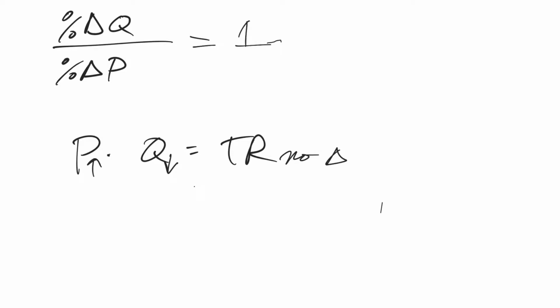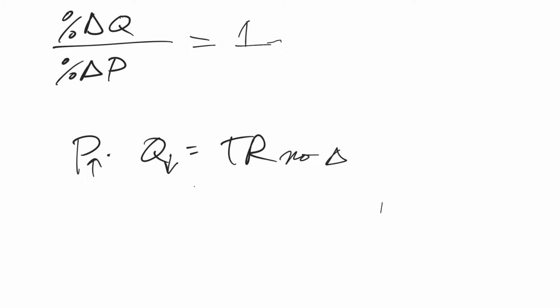Now, there's something to keep in mind here, which is that revenues are the flip side of expenditures. You may see some questions about expenditures. If price goes up and expenditures go up, what kind of good do you have, inelastic or elastic? Well, where do revenues come from?